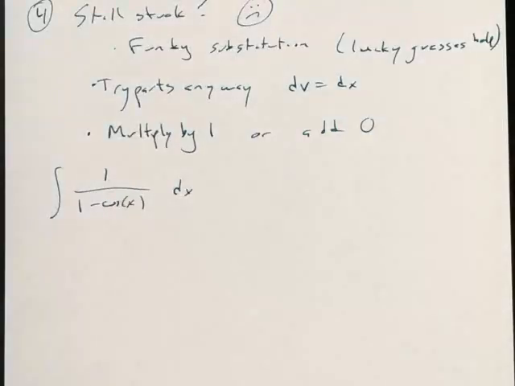And I'm going to say right up front that none of my trig formulas are going to help at this point. Because I don't know what to do with a 1 minus in the bottom. Leo? You multiply by 1 plus cosine x over 1 plus cosine x.